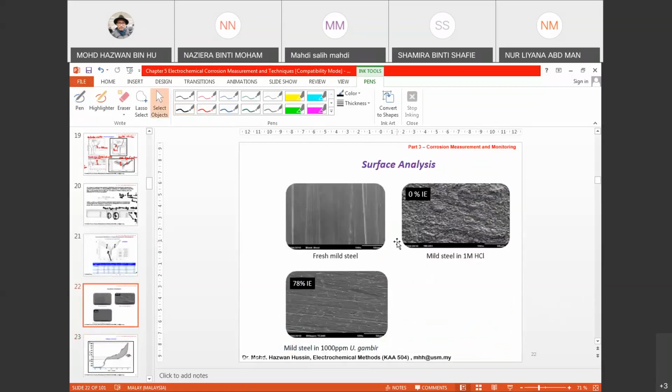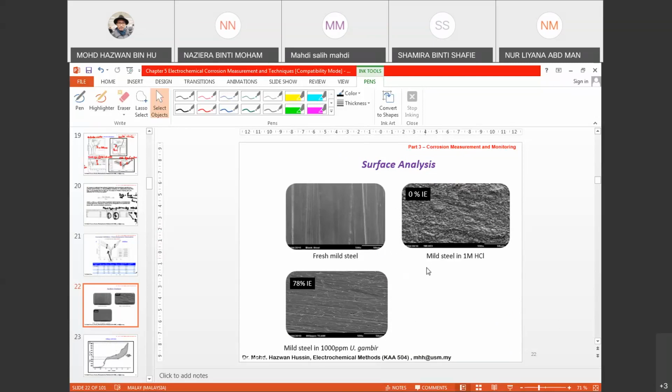And you can also perform surface analysis after you have finished the potentiodynamic polarization. As I said, potentiodynamic polarization is a destructive method. When you do the measurement, it will corrode the sample, and you can analyze it. You can take the specimen after polarization and send it for SEM analysis, and you will see a fresh mild steel without any treatment is very smooth.